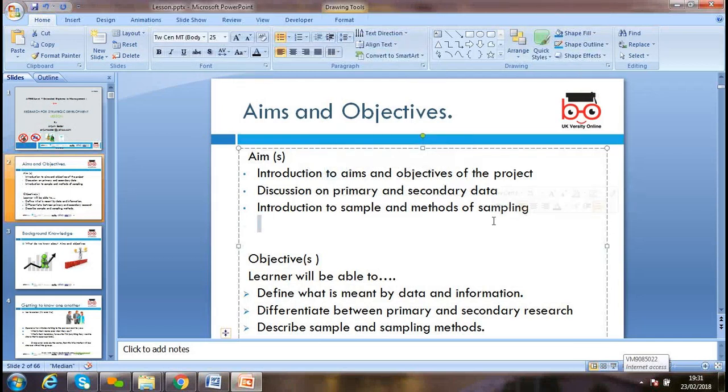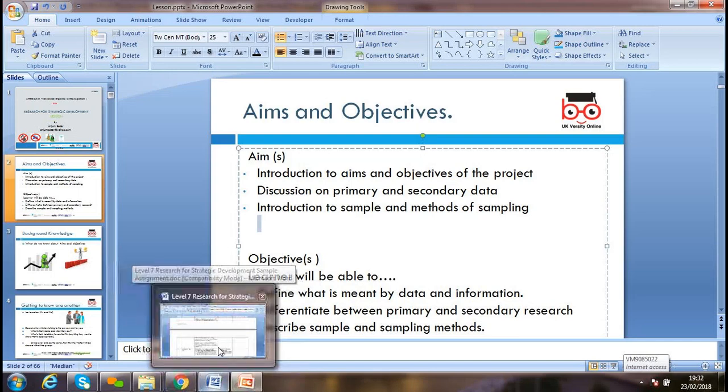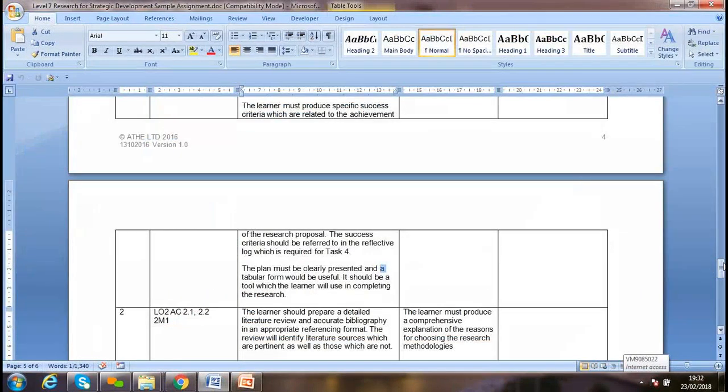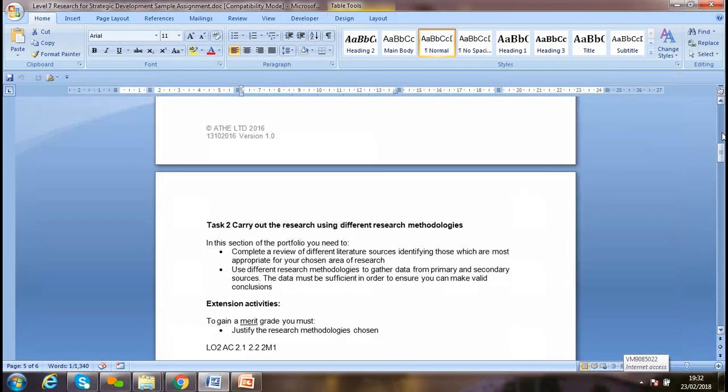Okay. I have one question. The research project we are going to research about, is it going to be any topic of our choice, that I can choose any topic? Yes, Umar, you can choose any topic or area of yours where we need to meet all these learning outcomes.